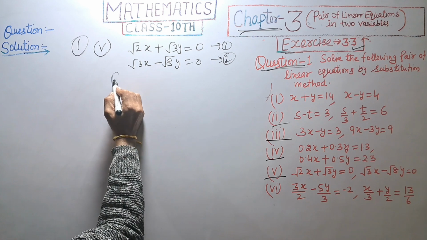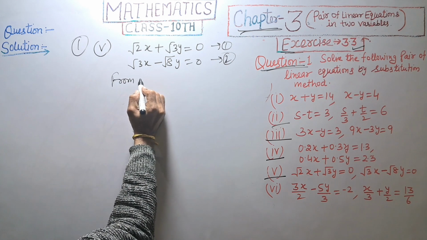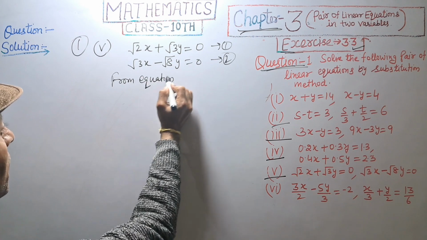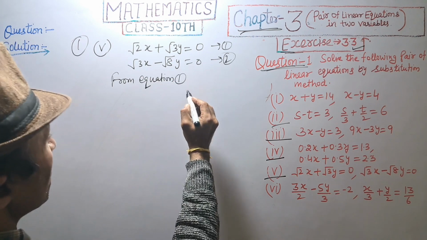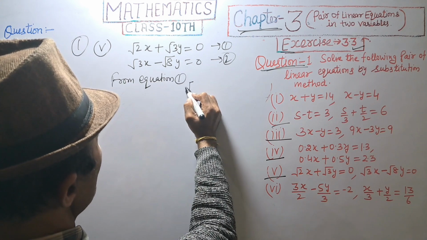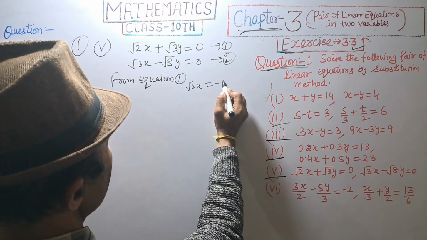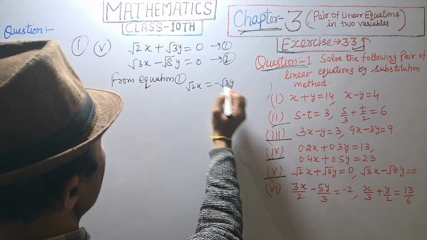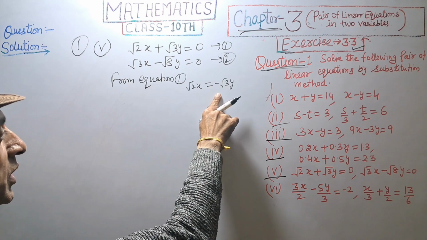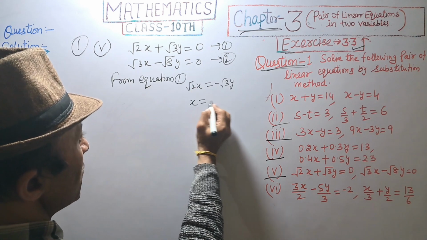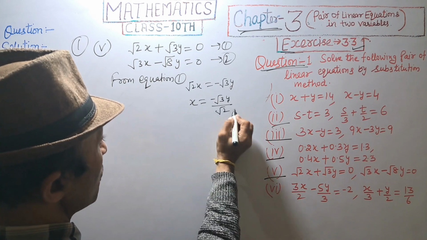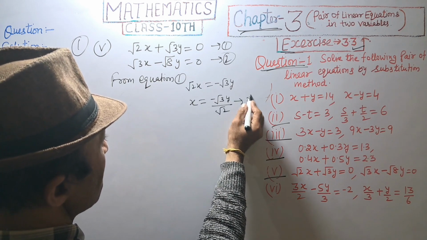From equation first, root 2x is equal to minus root 3y. We are shifting to the right side, that will be negative root 3y, and x is equal to minus root 3y divided by root 2. It's equation number third.